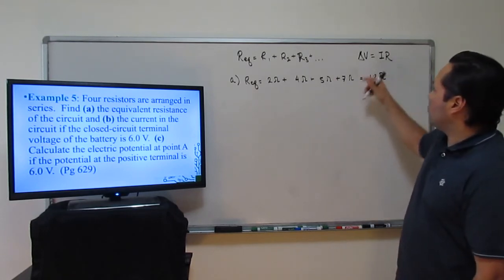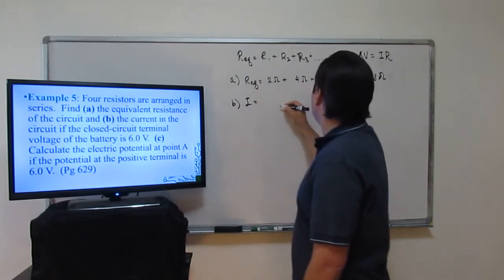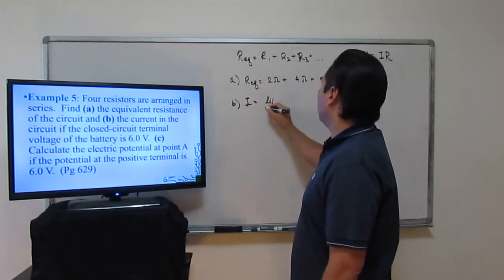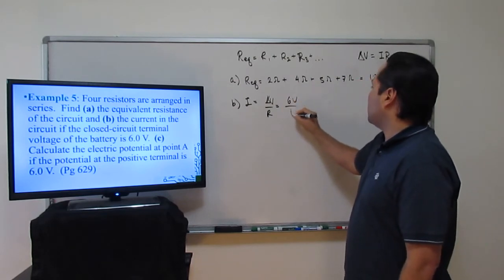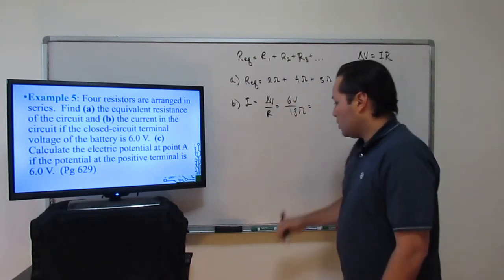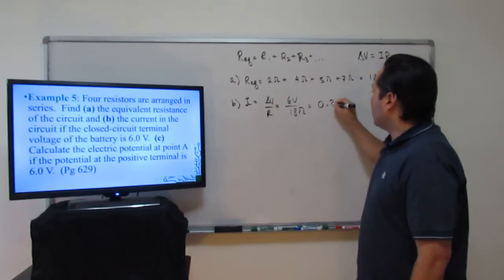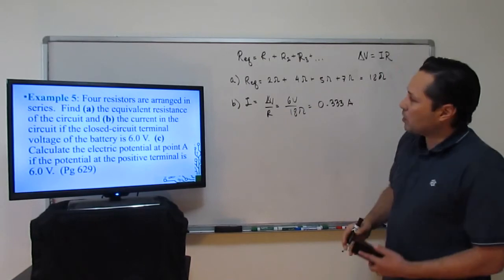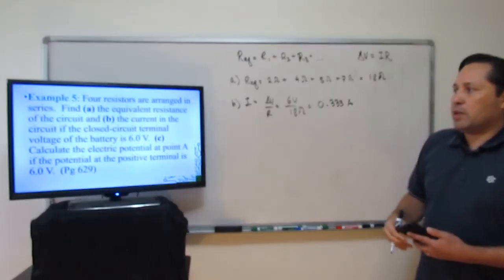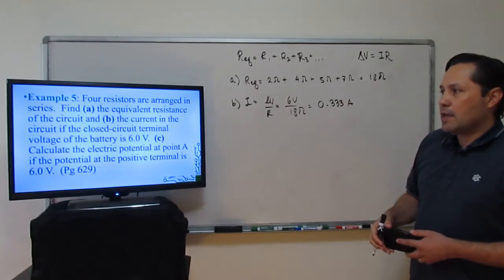So the current is going to be delta V over R, so 6 volts over a resistance of 18 ohms. That gives us 0.333 amps.